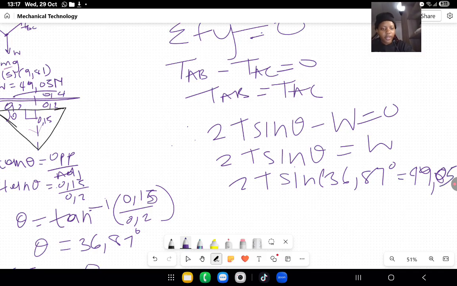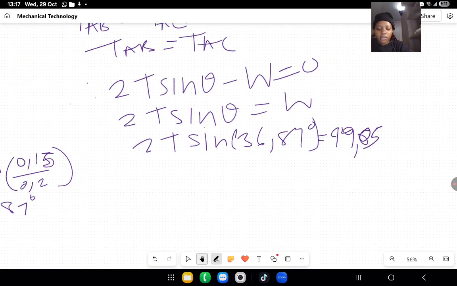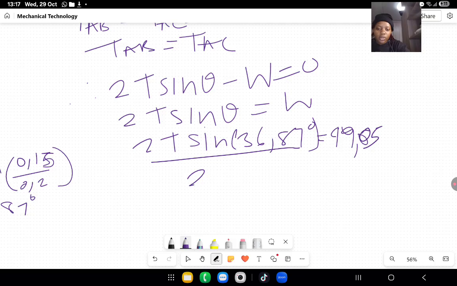Then we divide both sides by 2 sine 36.87 degrees.